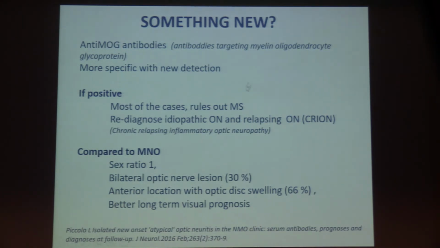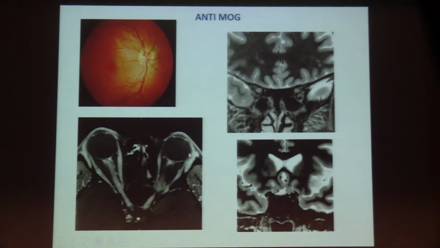And if we compare this anti-MOG neuritis to NMO, the sex ratio is 1. No more women than men. The optic nerve lesions are often bilateral, and they are anterior with frequently a very important disc swelling, edema. And the visual prognosis is better. So it's important to make the difference.